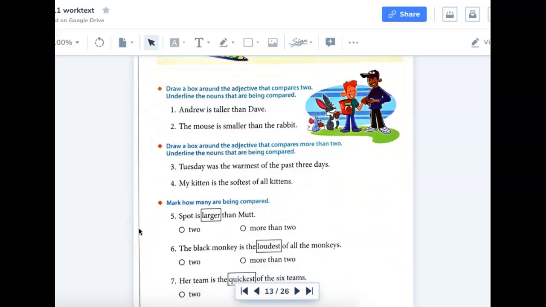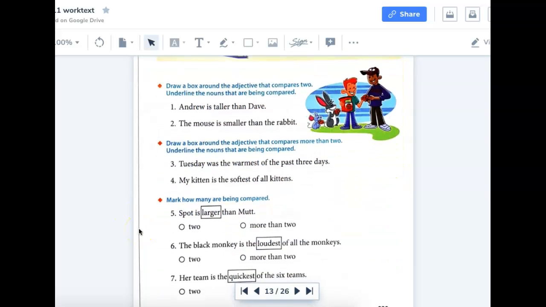Let's try number 1 together. Draw a box around the adjective that compares two. Underline the nouns that are being compared. Number 1. Andrew is taller than Dave. So, what is the adjective that's comparing the two nouns?